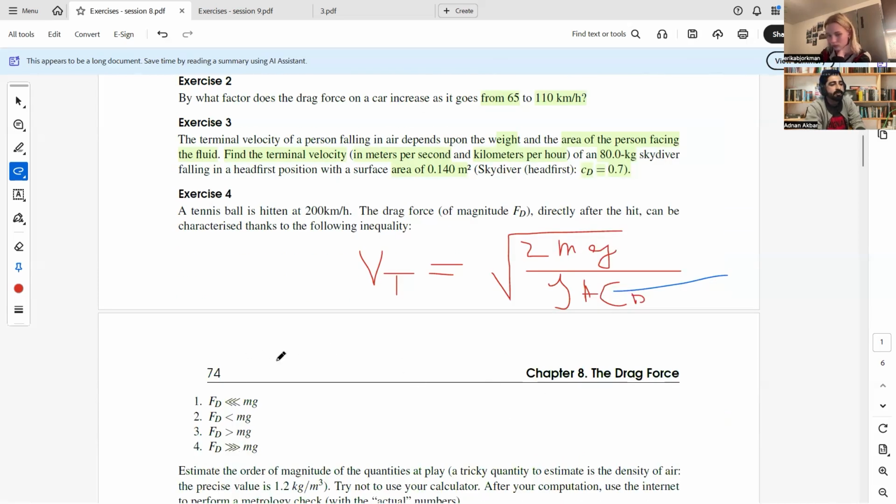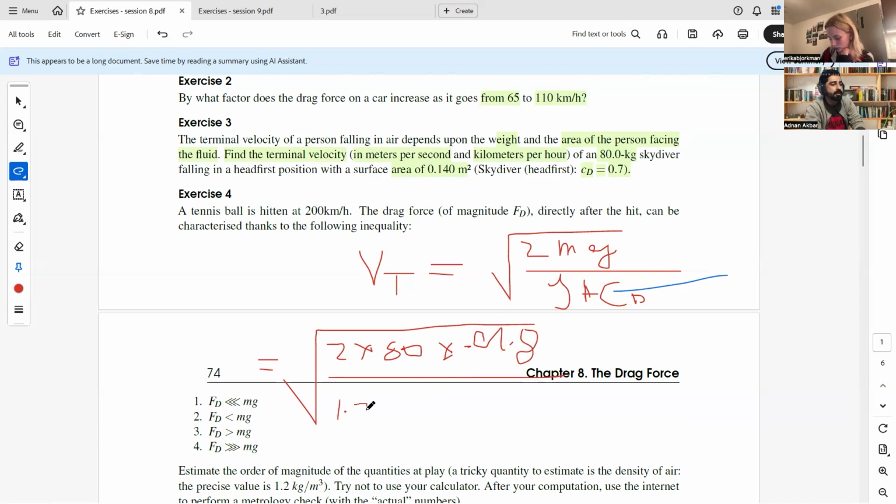So we need to put the given values in this statement: 2 multiplied by m, the mass of the person, which is 80, multiplied by g, which is 9.8, divided by rho, the air density, 1.2, multiplied by A, the area, that is 0.140.